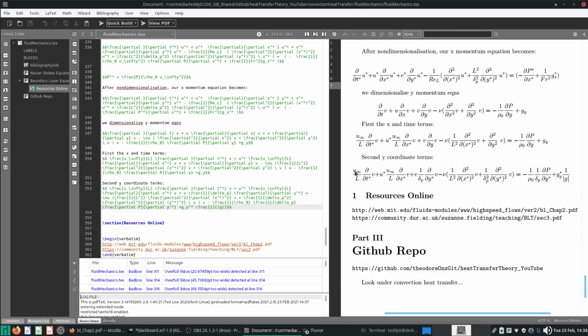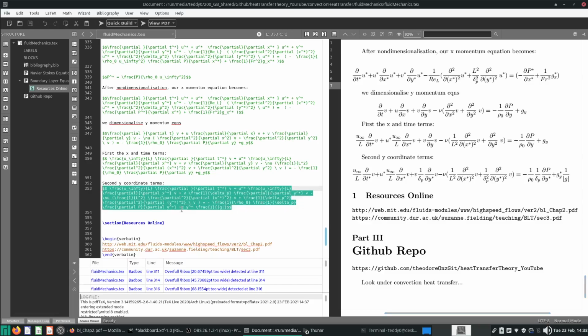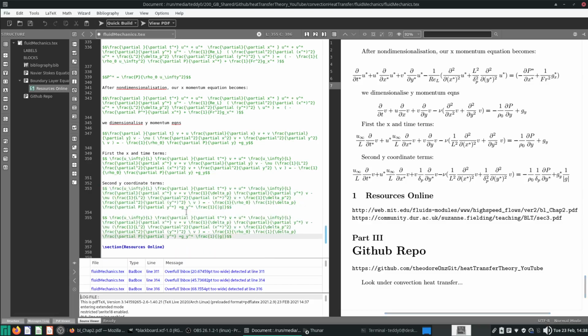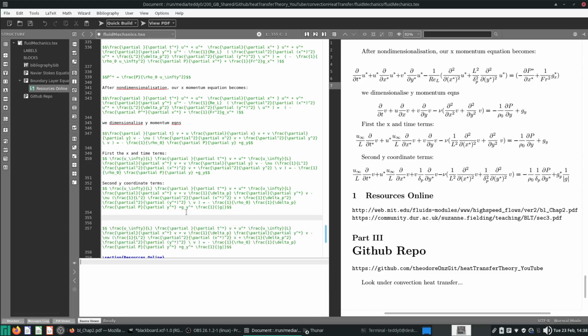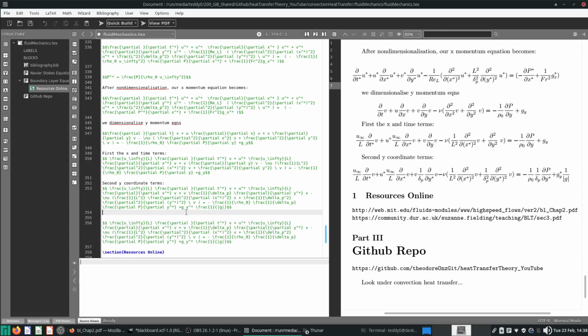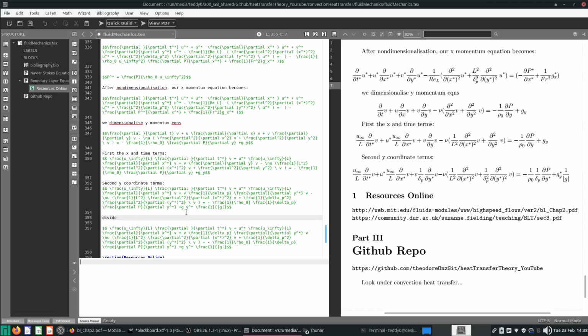I will divide by U infinity squared over L squared, factorize it out. So I'm just going to divide this part out.